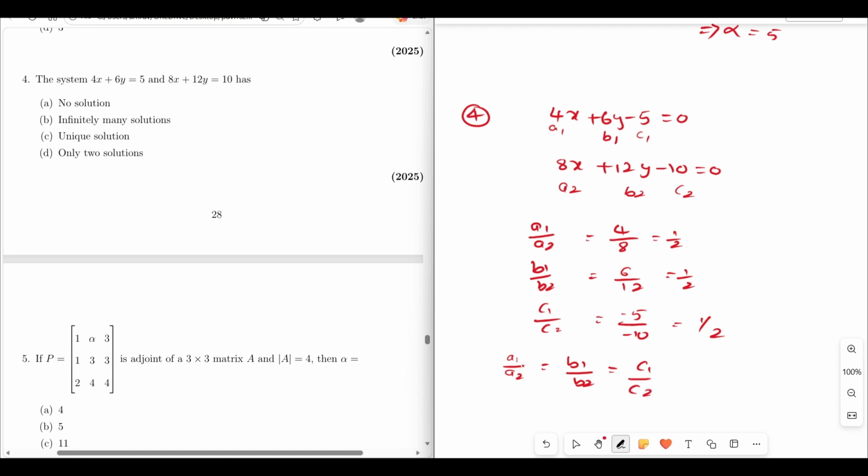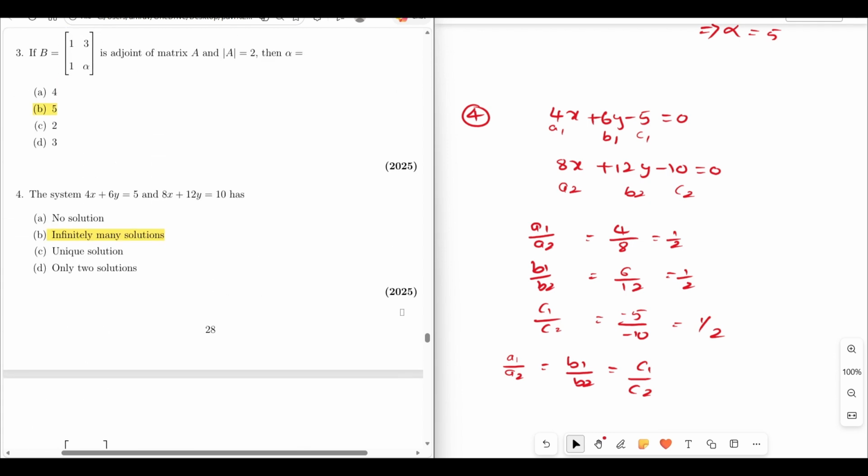When all the three ratios are equal, the system of equations will have infinitely many solutions.